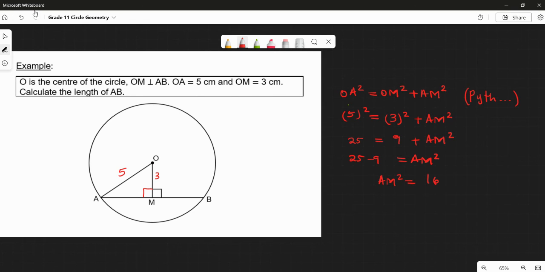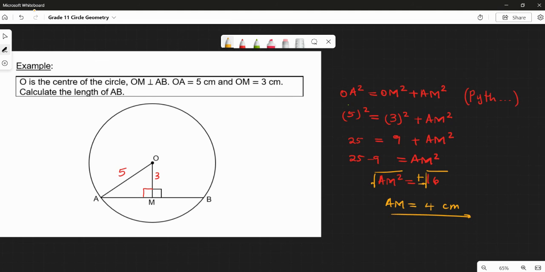Then apply square root on both sides. And remember, we are dealing with length, so length is always a positive value. We can put plus or minus there. Therefore, we conclude that AM is positive 4 centimeters. Remember that distance is positive, so we don't have a negative distance.